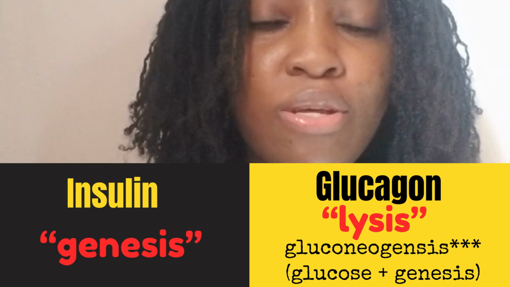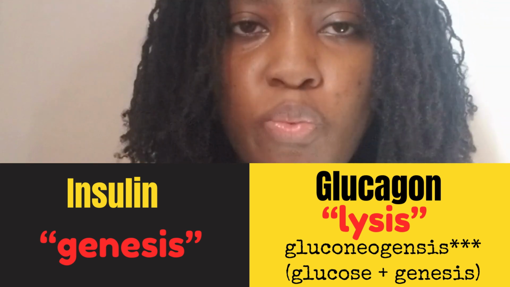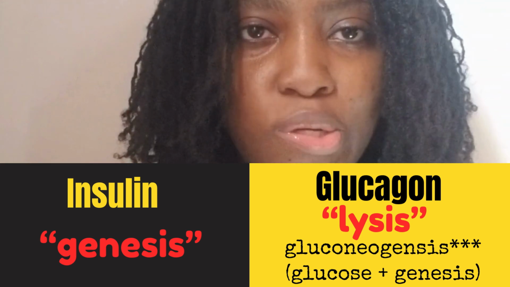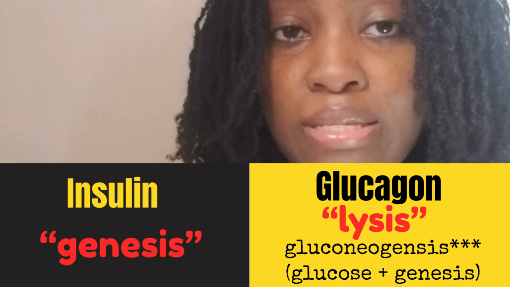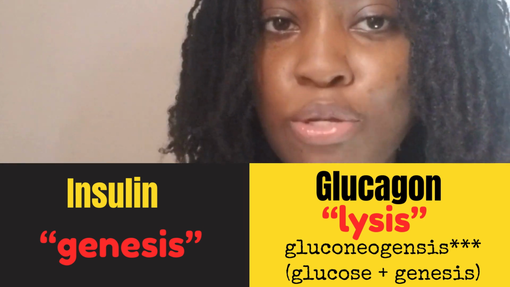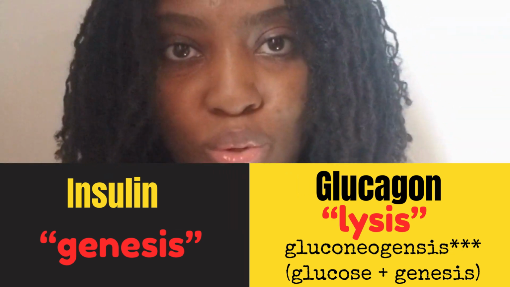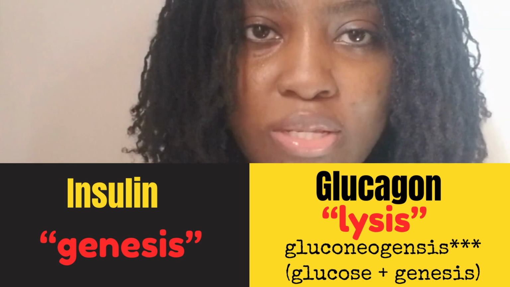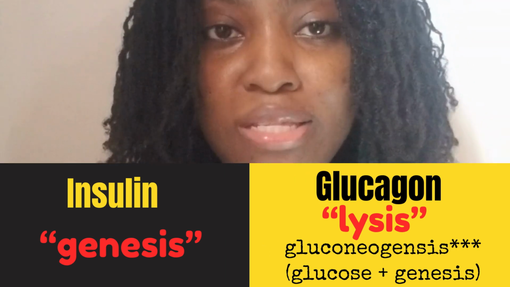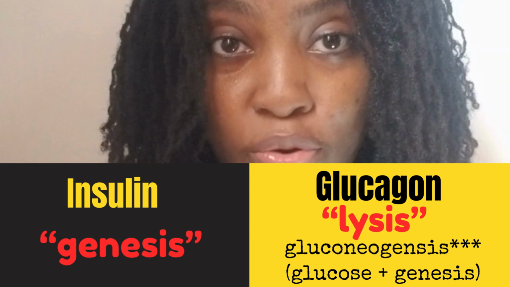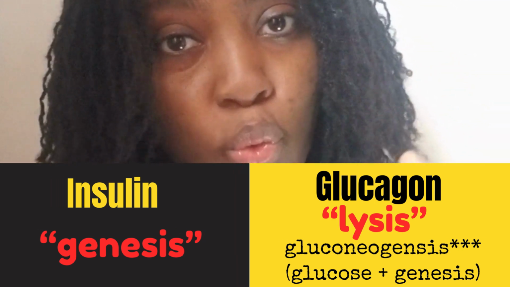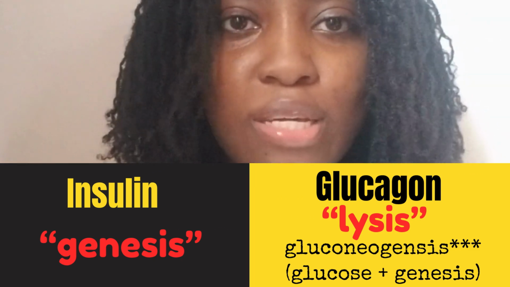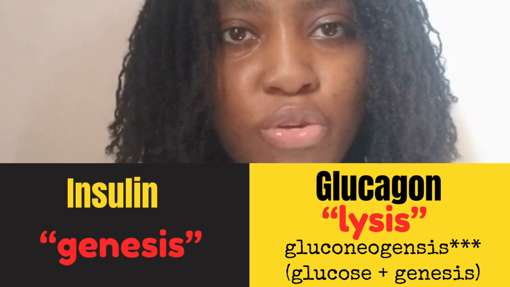In this instance, glucagon is responsible for signaling for the conversion of other simple forms like amino acids to be converted into glucose so that the body can use it. So when you are creating glucose, which is a simple form, you just add genesis to that and you have gluconeogenesis. So creating new glucose, so gluconeogenesis.